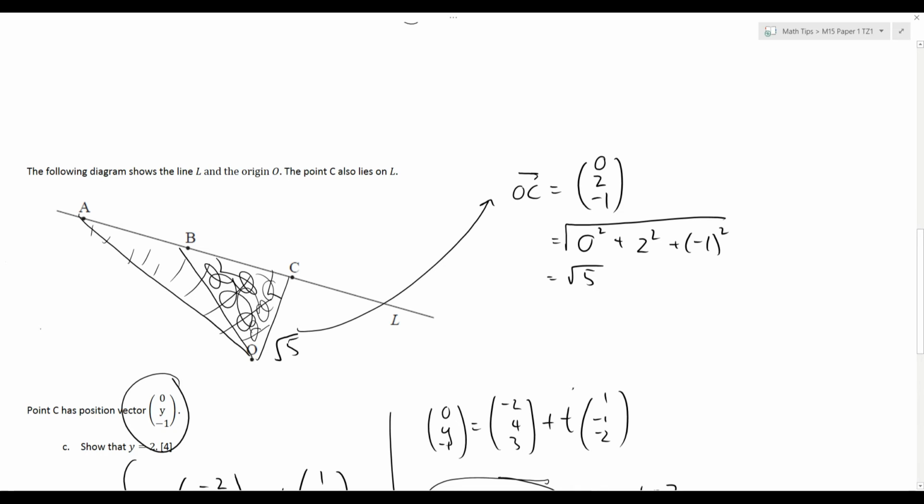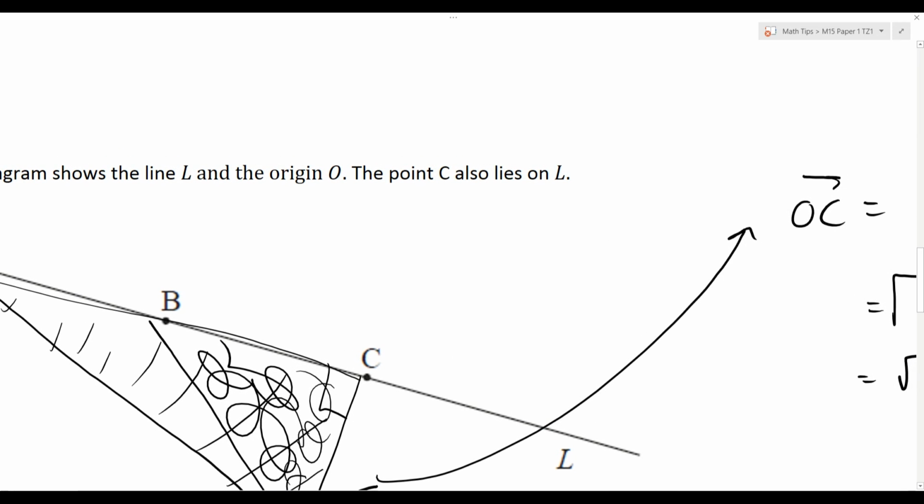Okay, next we're going to look for AC. So we know OA, we know OC. So I'm going to zoom in here so I can write a bit smaller. We know that OA plus AC equals OC. So therefore, AC equals OC minus OA.